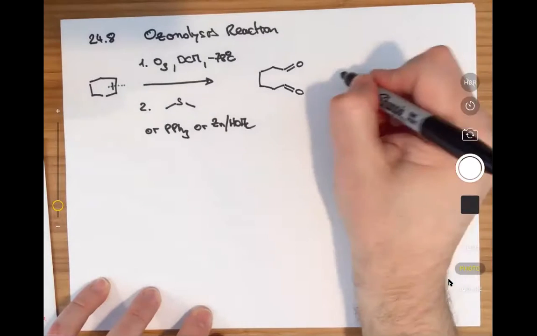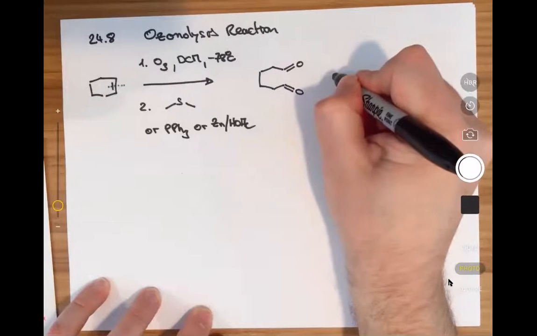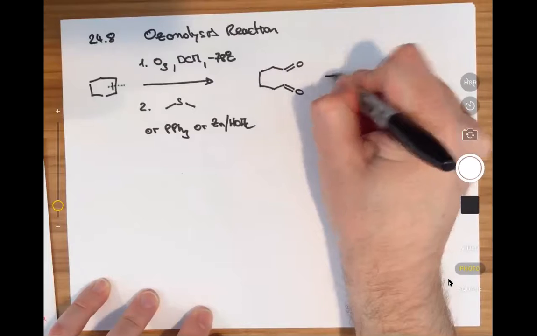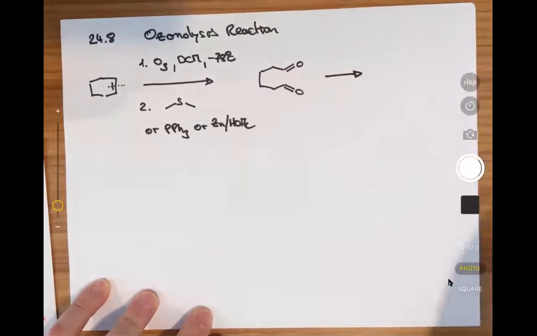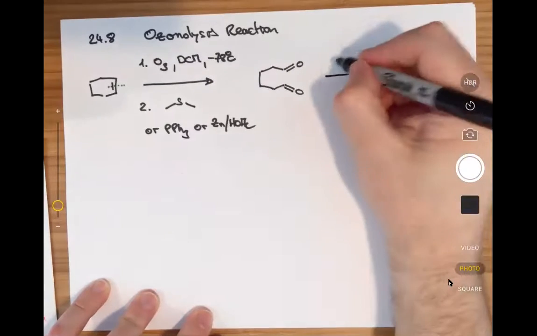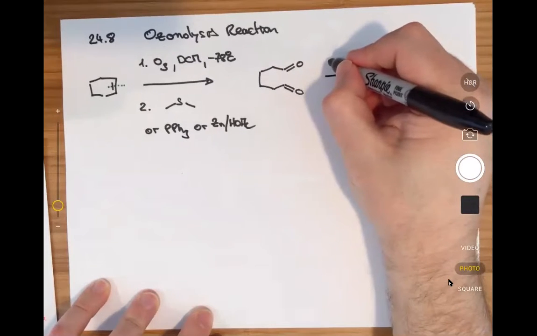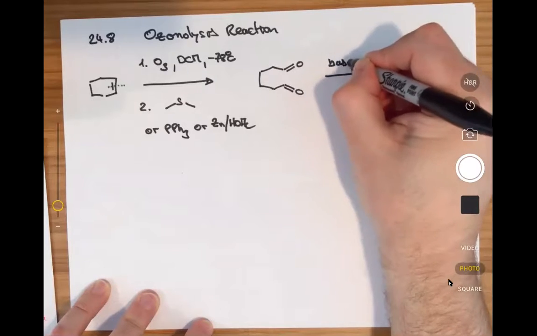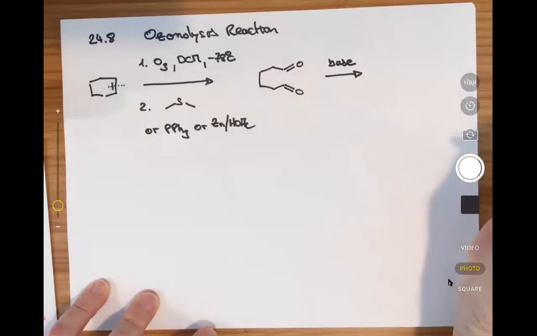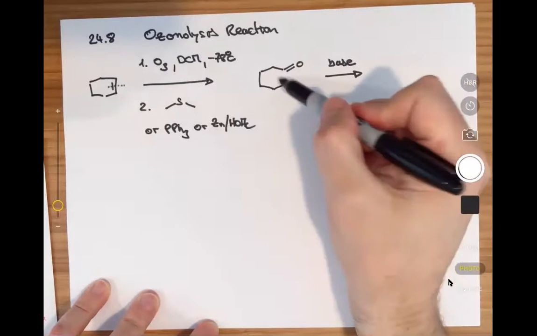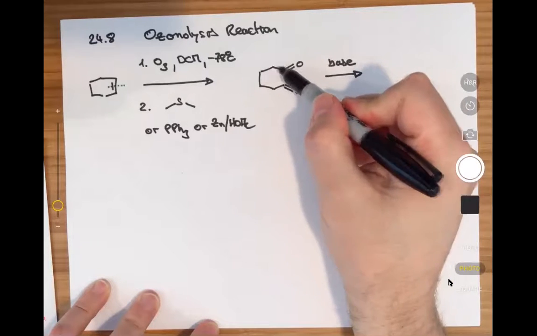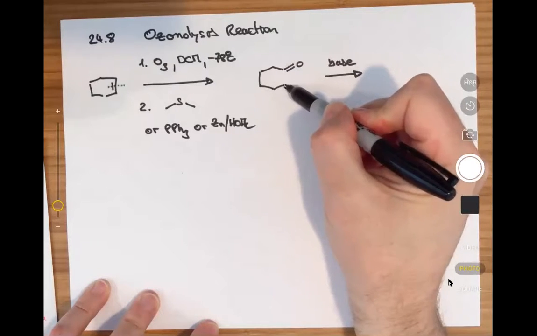And of course, if you hark back to our chemistry that we talked about in the first couple of weeks, in our second semester of Introductory Organic Chemistry. If you have a base present in this system, you're going to do a condensation or deprotonation of this position and condensation with this aldehyde.